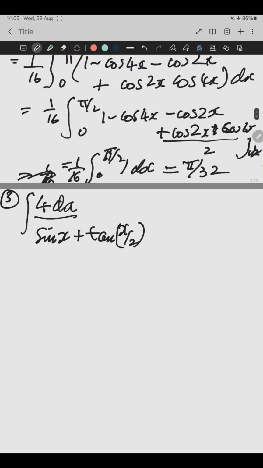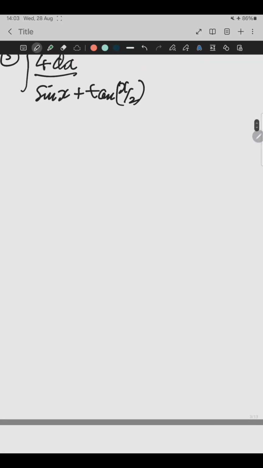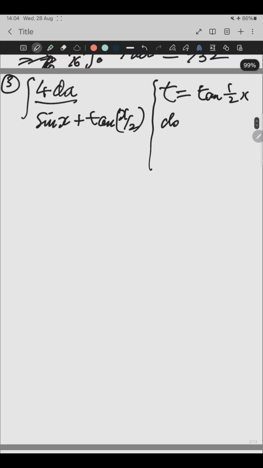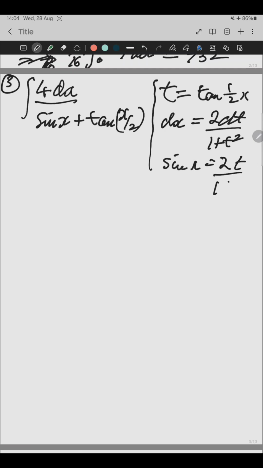And here we'll again use the earlier substitution of t equals tan 1/2 x, which will give us, as before, dx is 2 dt over 1 plus t squared, and sine x is 2t over 1 plus t squared.